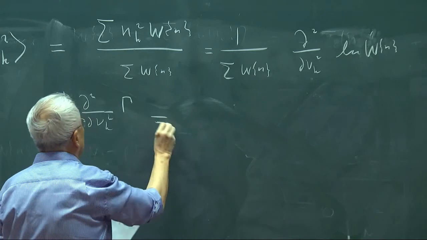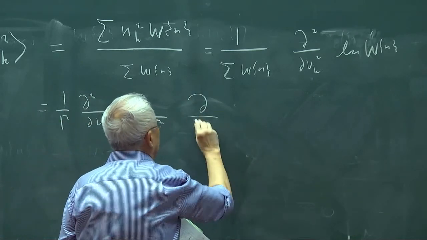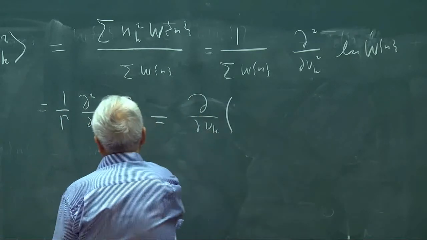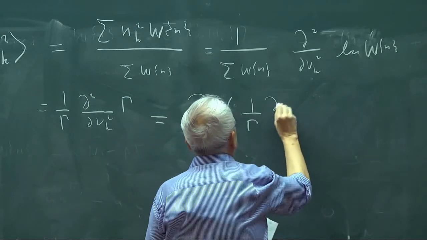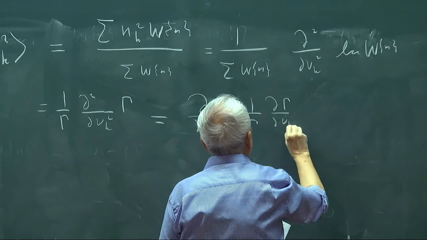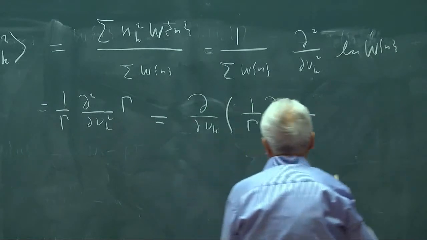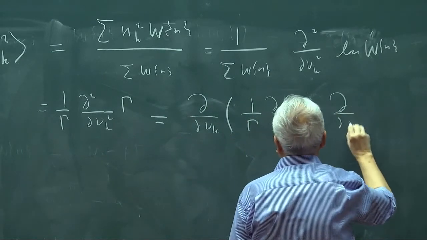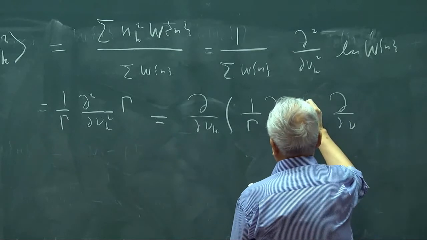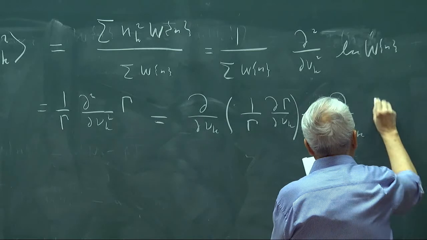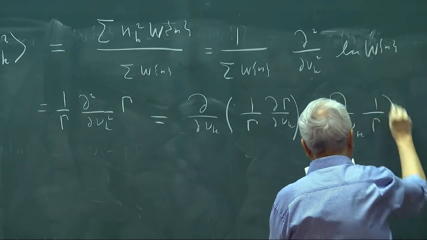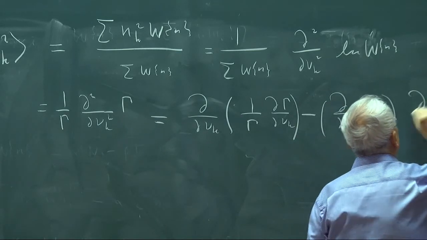This is equal to d by d nu k. I bring this out: 1 over gamma times d gamma d nu k, minus d by d nu k of 1 over gamma times d gamma d nu k.